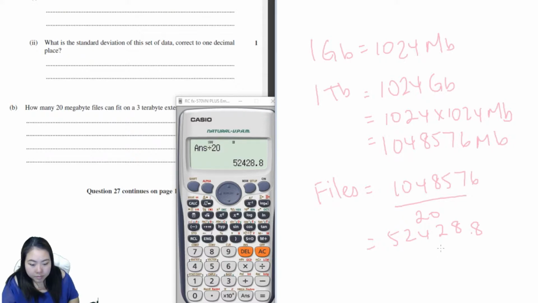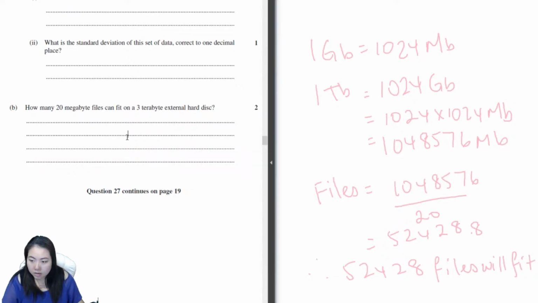However, we wouldn't want to fit just 0.8 of a file, so we have to round down, and we can say therefore 52428 files will fit. Let's see.